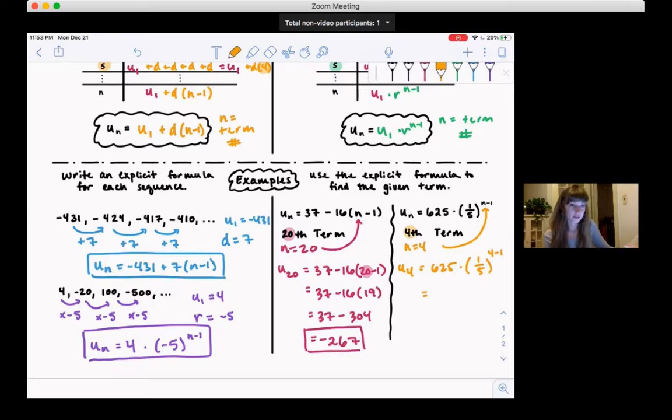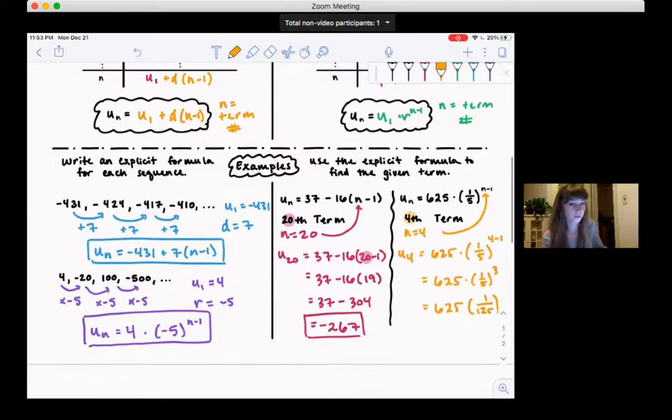All right, so we want to just simplify that. So this is 625 times 1/5. 4 minus 1 is 3, so 1/5 to the 3rd power. 1/5 to the 3rd power is 1 over 125. And you can do that as a decimal as well if you want.